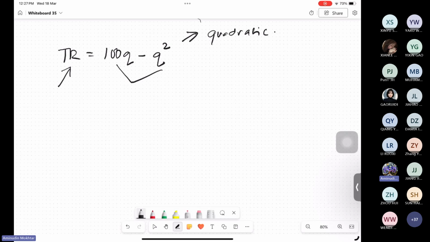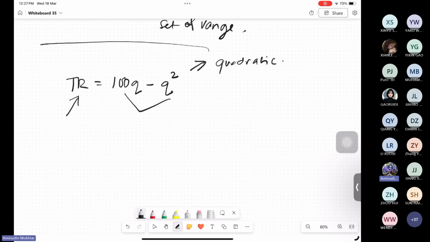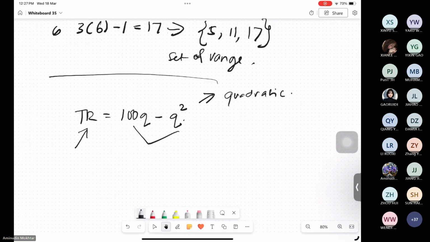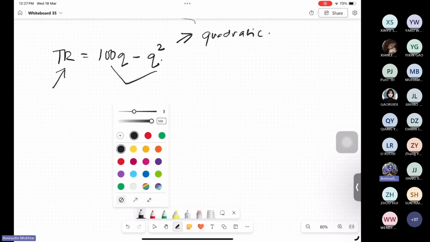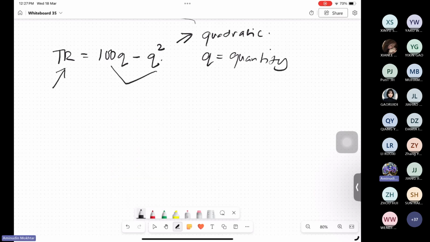Before that, again, Q is quantity. I forgot to explain Q. Q is quantity, maybe quantity sold, quantity produced. It depends on the situation.